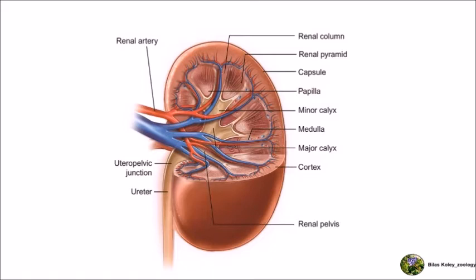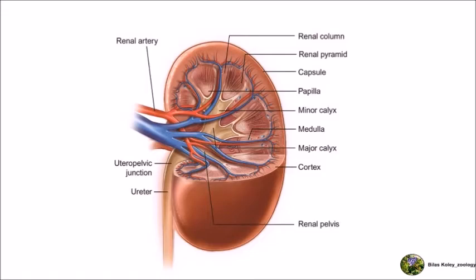The renal cortex extends in between the medullary pyramids as renal columns called columns of Bertin. These respectively give dotted and striated appearance.